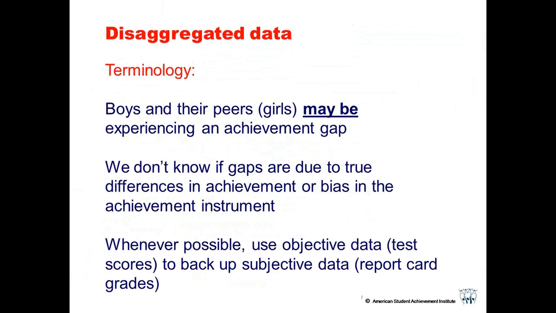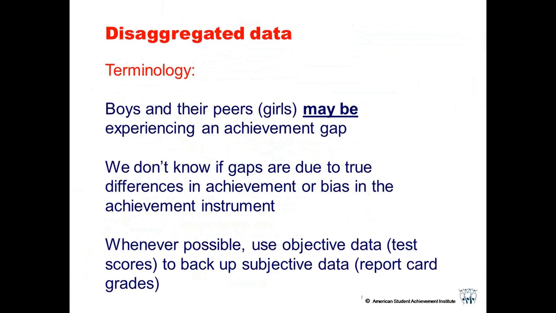Okay, in talking about disaggregated data and achievement gaps, there's a couple things that we wanted to mention to you. In the video for your council members, we were very careful to always say, when we were talking about gaps, that a gap may be happening. For example, that boys and their peers or girls may be experiencing an achievement gap.